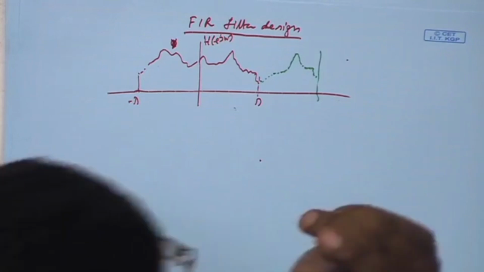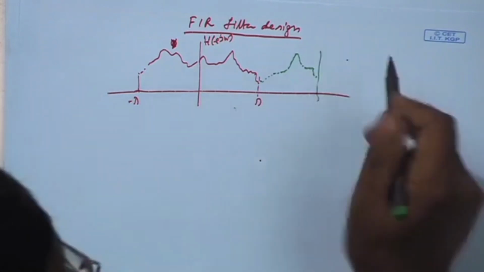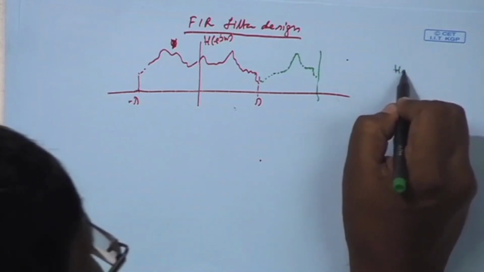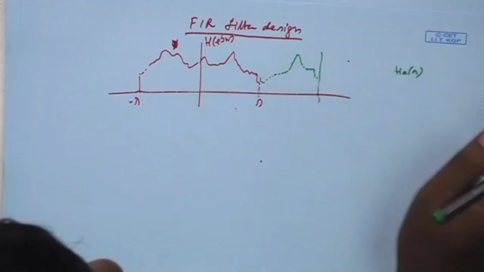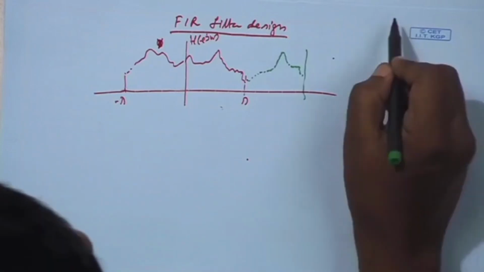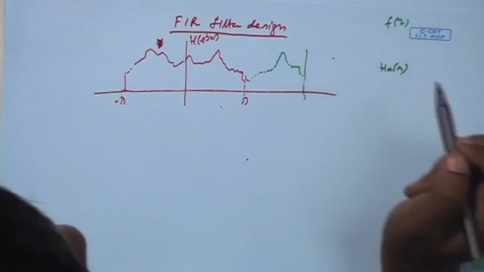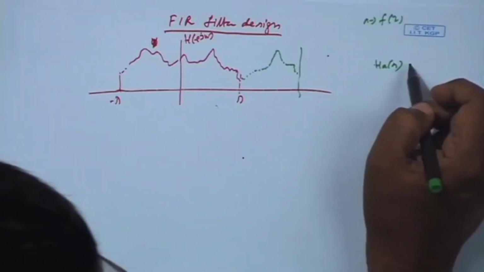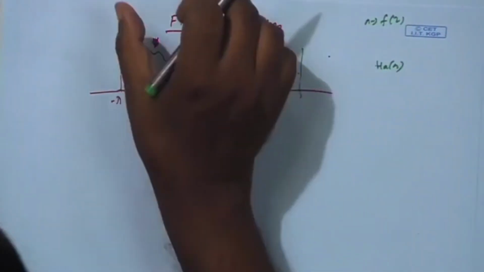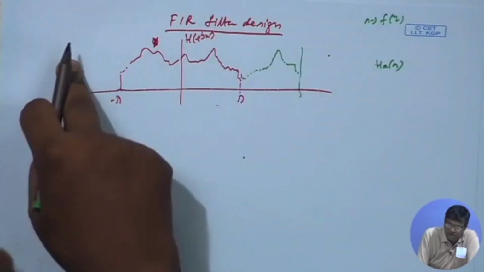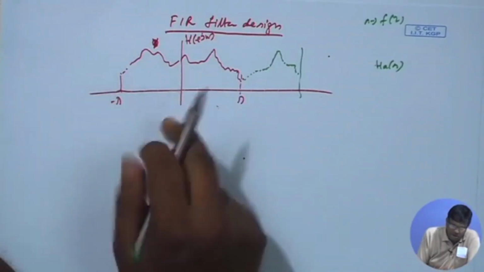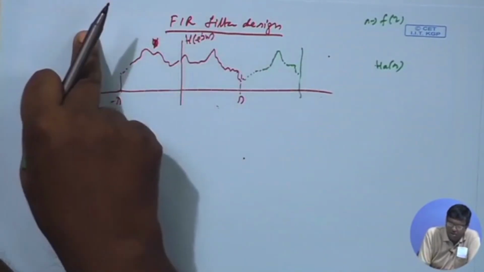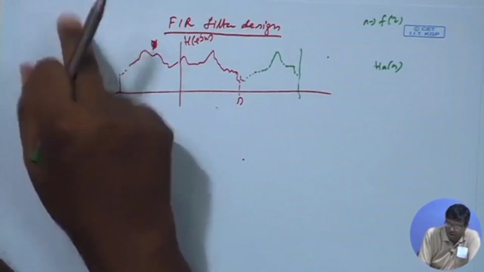How do we design a digital IIR filter? First, we have seen you have to go to an analog domain, design a prototype analog filter, and then come back to digital domain either by impulse invariance or by directly finding appropriate functions and replacing S by that. But we have to have a replica of this. We have to design this in the digital domain, taking just the component from minus pi to pi, making it an analog response and then design it.